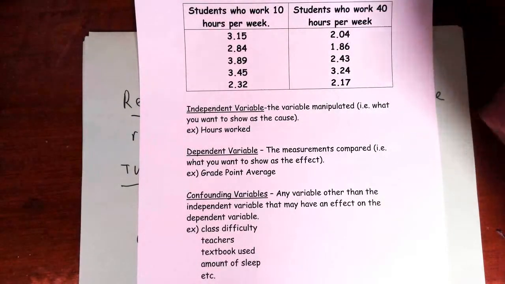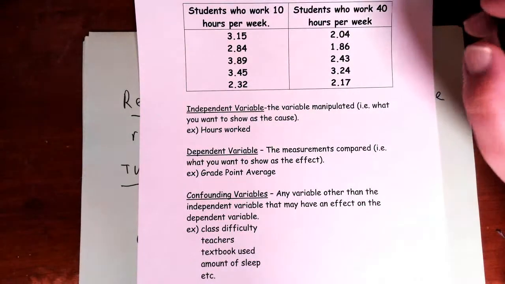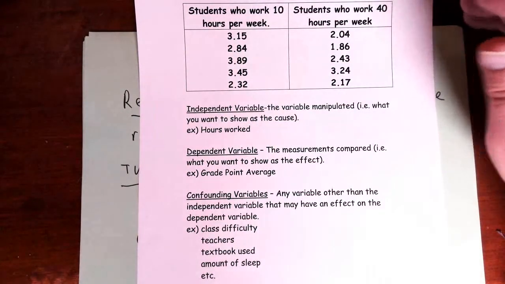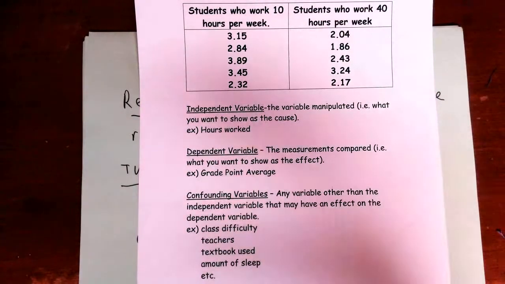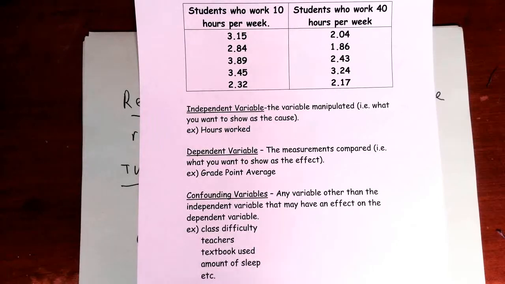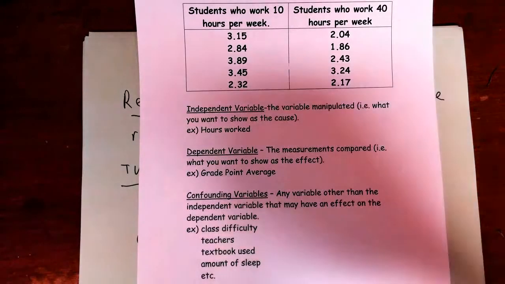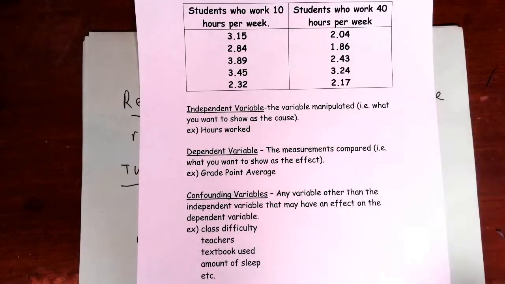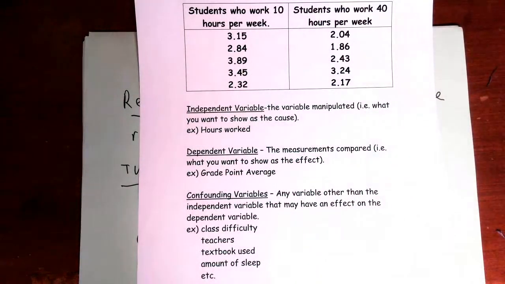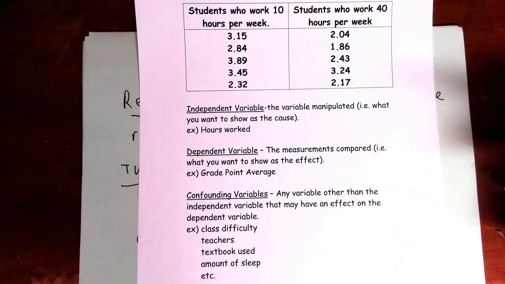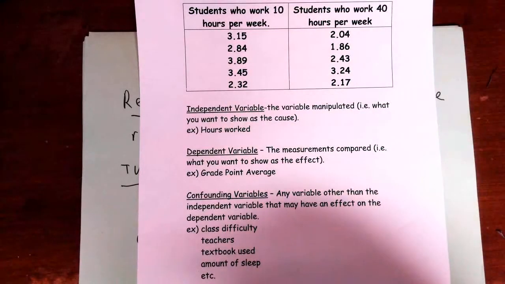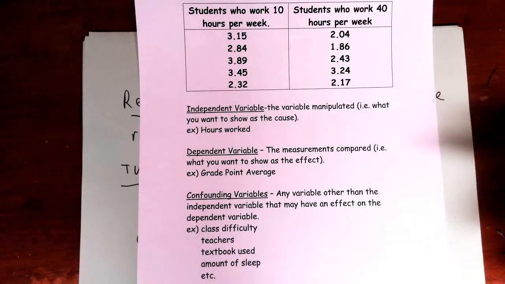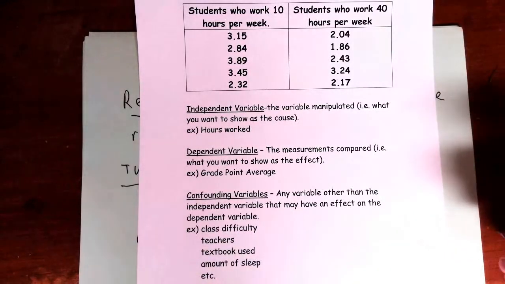So one confounding variable that's kind of interesting is that when you're dealing with people, their mental states can have an effect on the dependent variable. So, let's say you divide people into two groups, and maybe you want to know, does taking in caffeine cause the amount of sleep you get to go down?